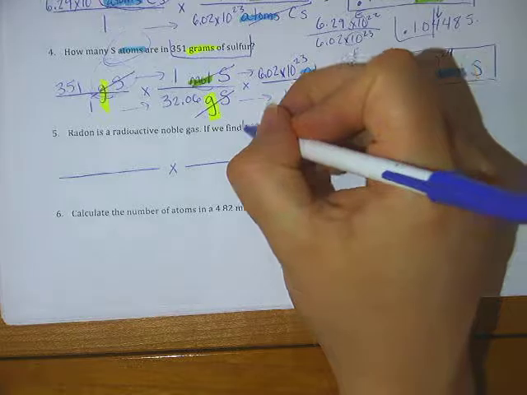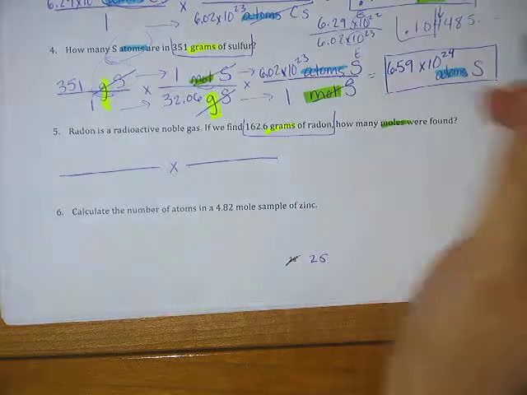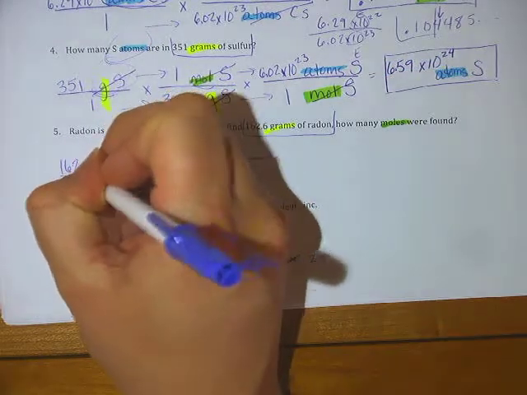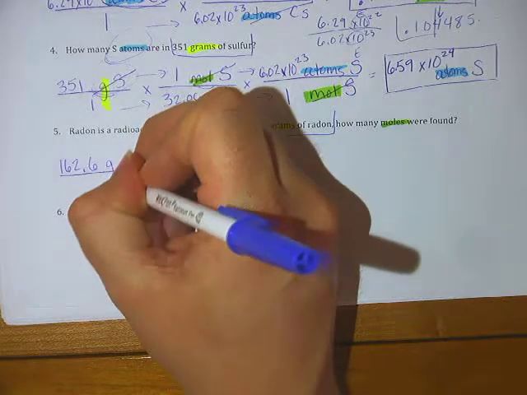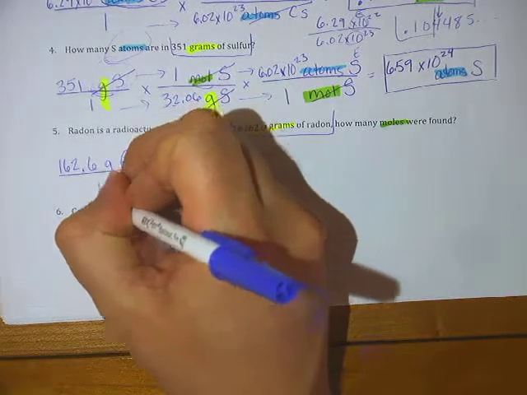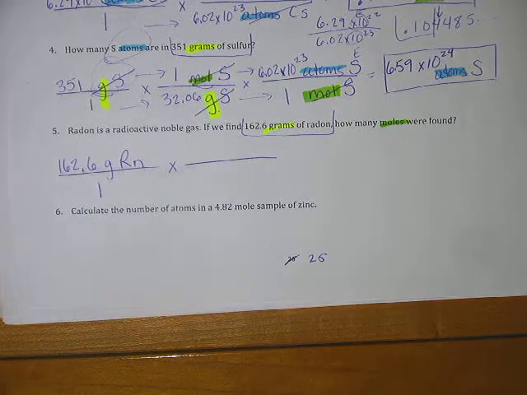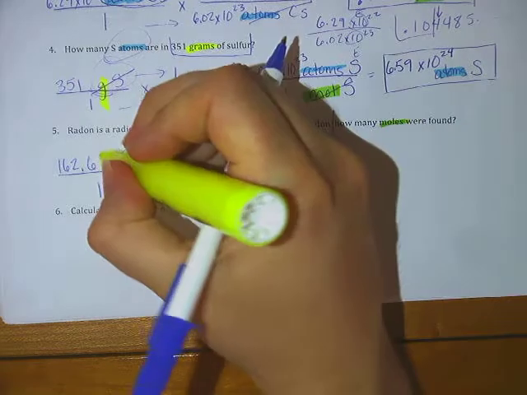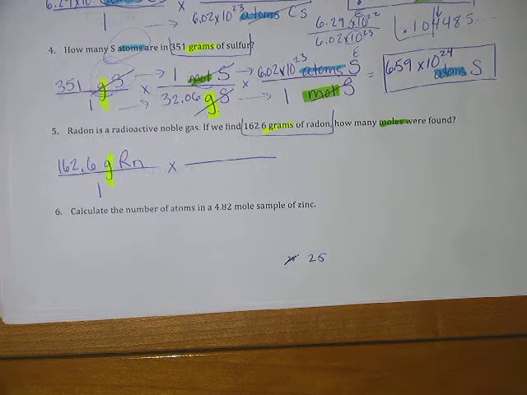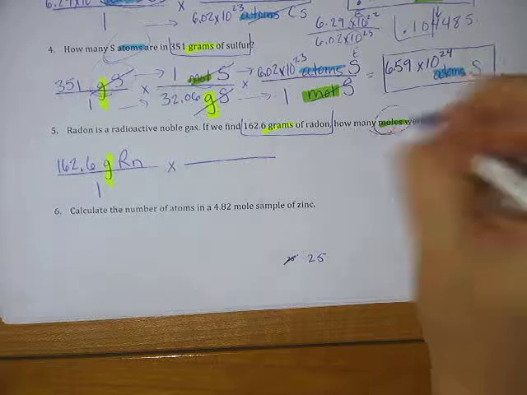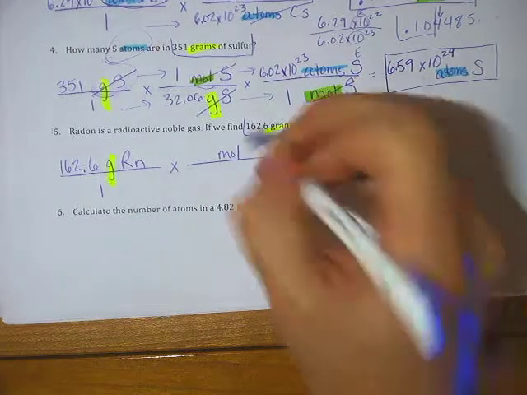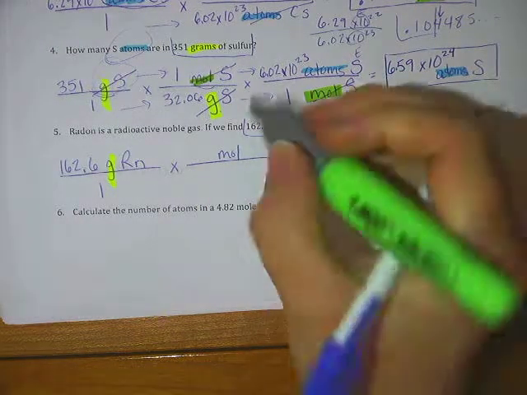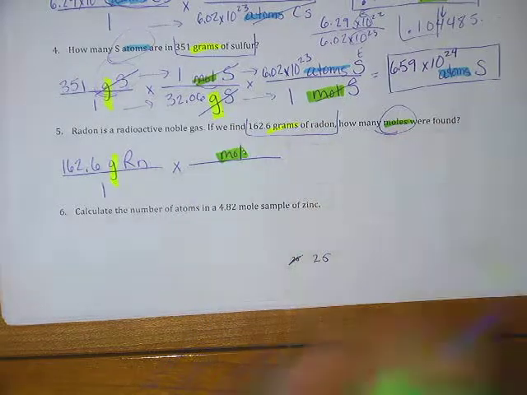The number they gave you and the unit and the element all go on top of the first fraction over 1. They're asking you how many moles, so moles are going to go on top of my last fraction. Whatever they're asking us for goes on top of our last fraction.